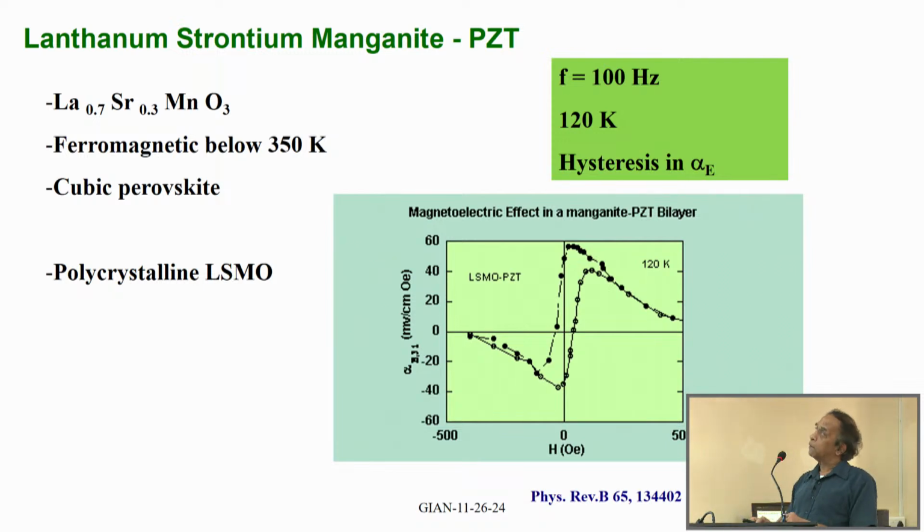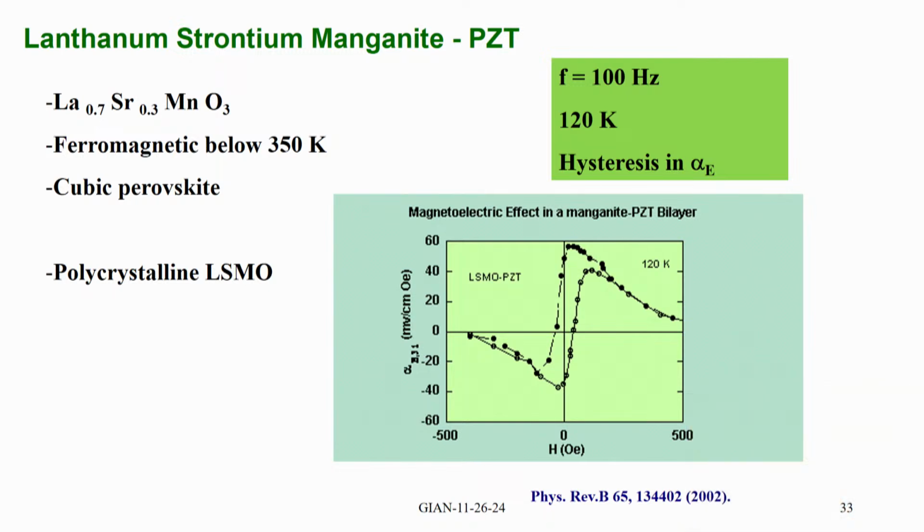So, lanthanum strontium manganite is ferromagnetic below 350 degrees Kelvin, and we put together composites with PZT and did the measurement at low temperature, because close to room temperature it has very low magnetostriction and piezomagnetic coefficient.